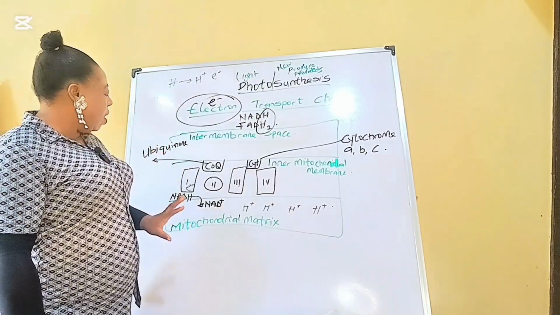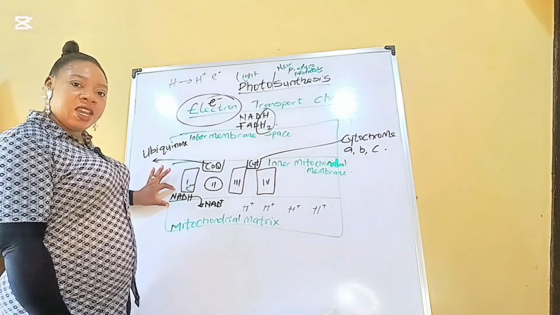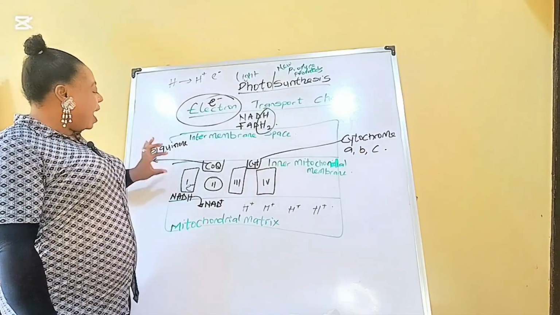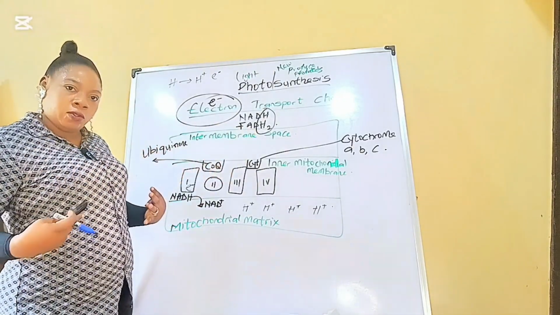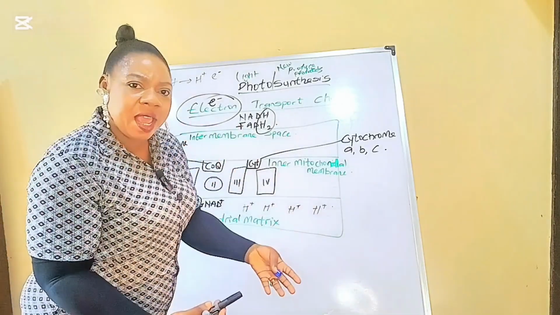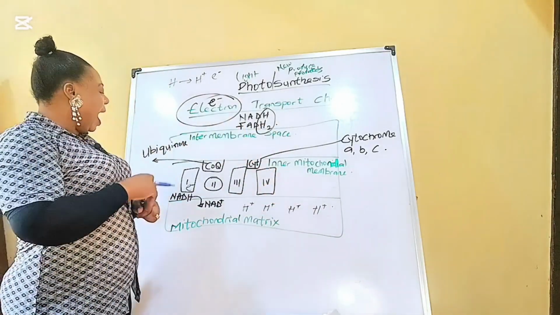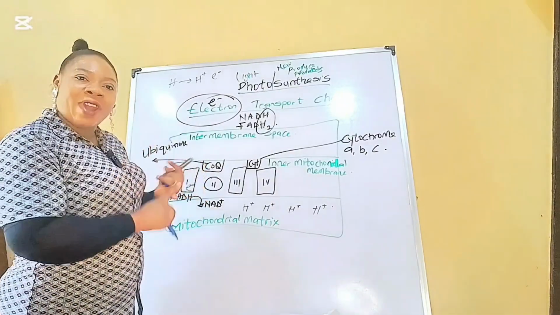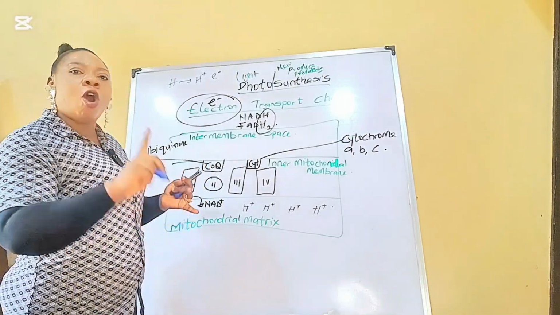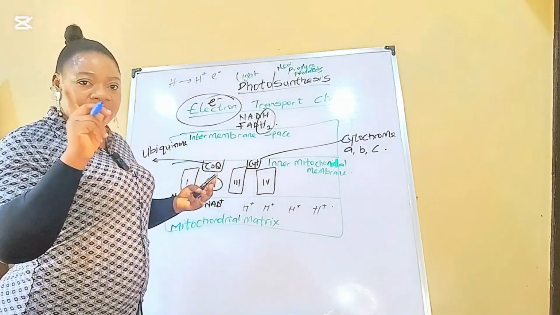Now remember, we said NADH is an electron carrier. In complex 1, we now have electron acceptors. As some are carrying them, some are accepting them. So the electron acceptors here in complex 1 include flavin mononucleotide, and also iron sulfur center.